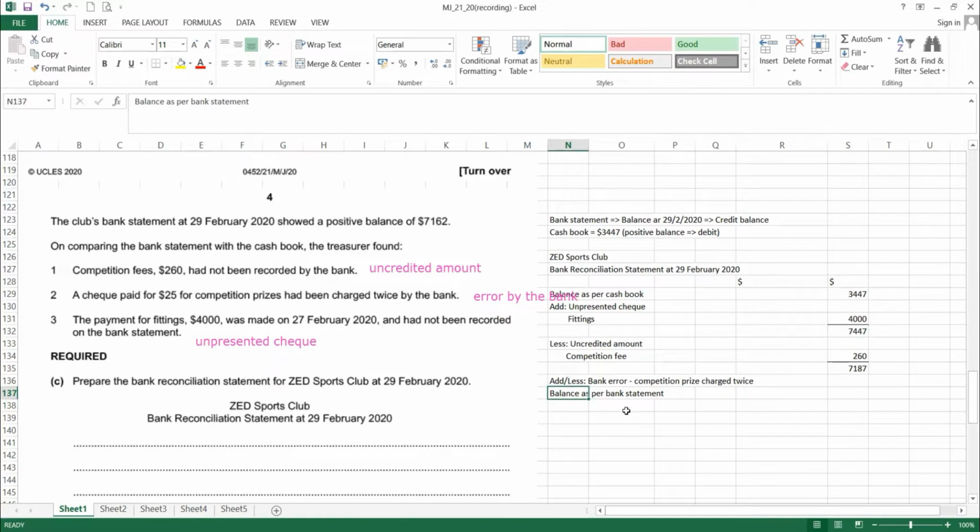It means that, standing from the bank statement, logically it should be lesser than the cash book money because it was deducted twice. So in this case, we have to minus. Less bank error, competition price charged twice, minus 25.